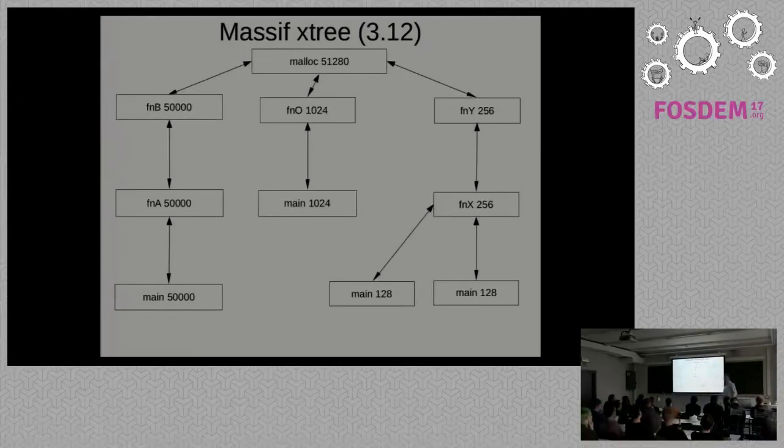The way the tree is represented in 3.12 is quite classical. You have a top node, and then you have children. For example, the stack trace main calling A, calling B, that is calling malloc, will be stored in the tree with pointers in this direction.